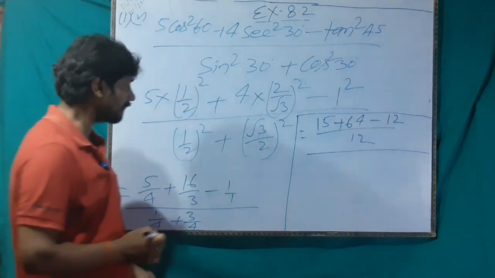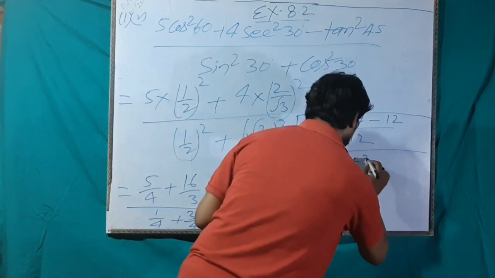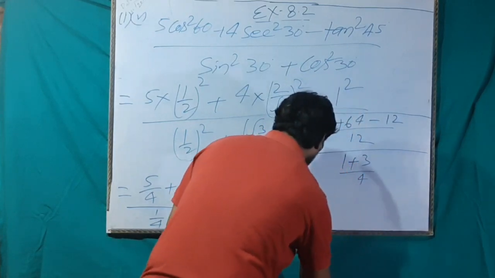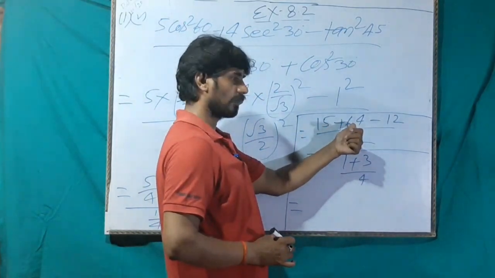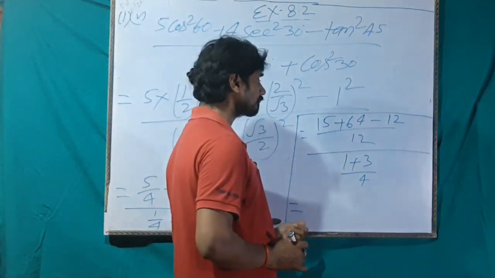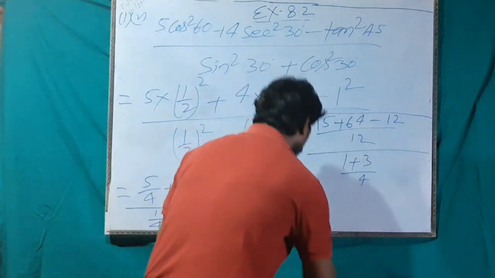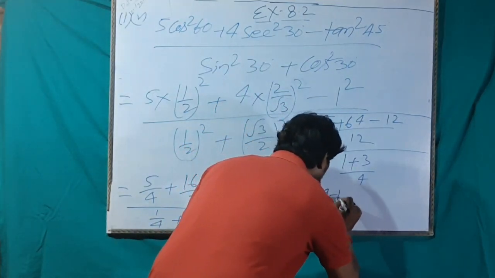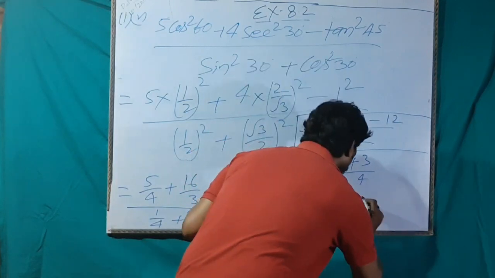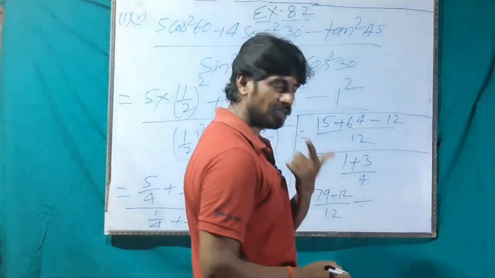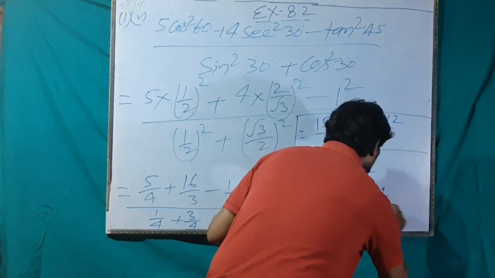So 1 plus 3 by 4. After that 15 plus 64 is 79 minus 12, 79 minus 12 by 12, divided by 4 by 4, that is 1.